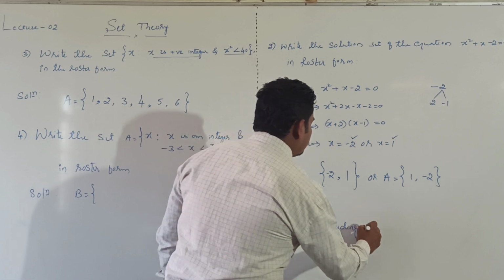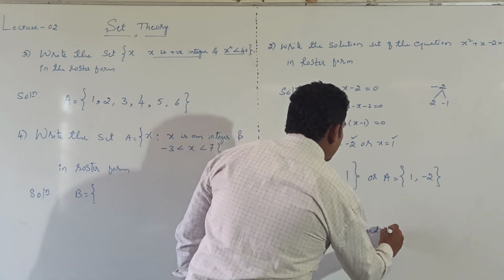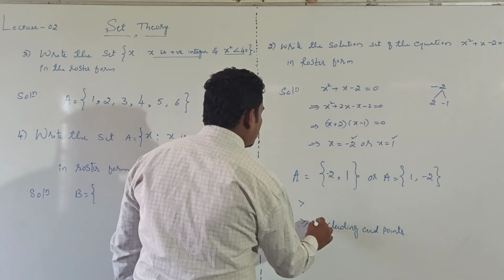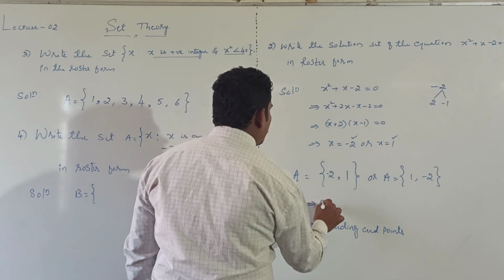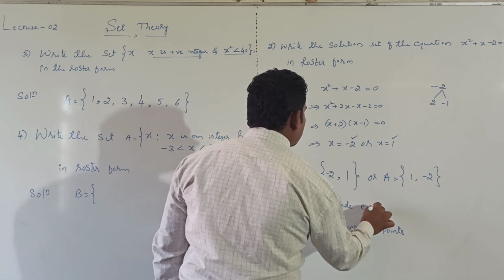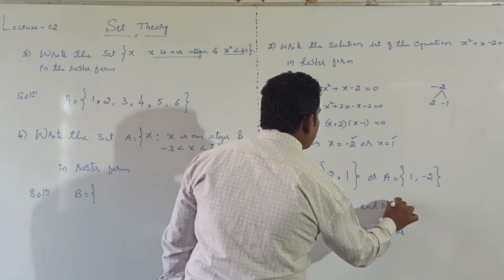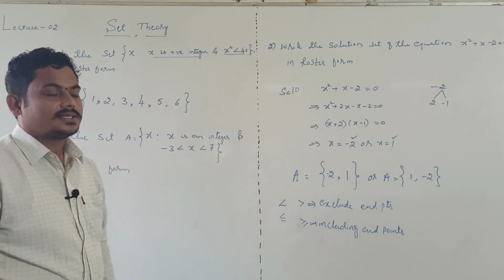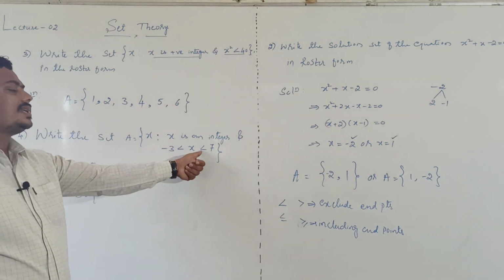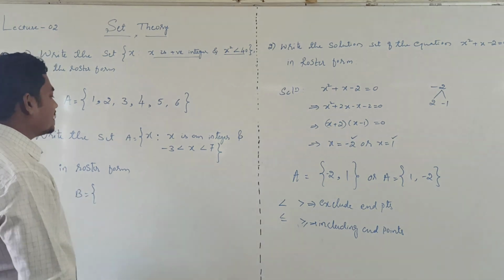Including endpoints. In this case, exclude endpoints. Clearly in this case, strictly greater than and strictly less than they have given, means excluding.